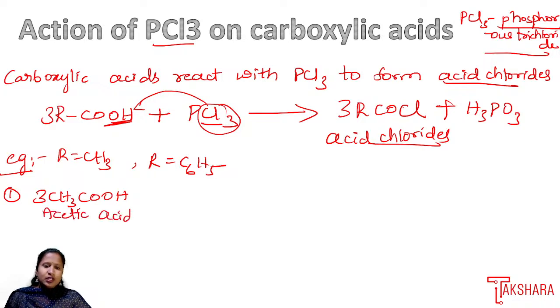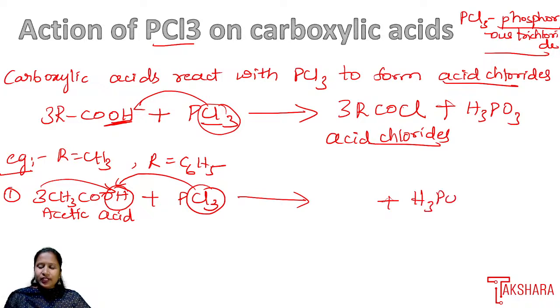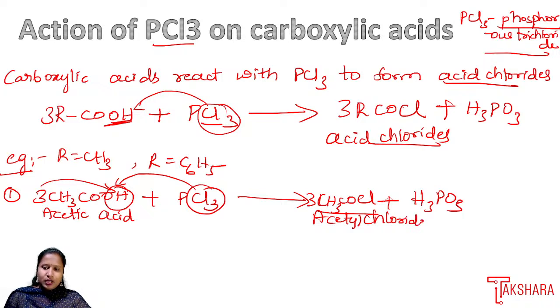When it is treated with PCl3, the 3 moles of Cl are going to replace 3 moles of OH. We form the byproduct H3PO3, phosphorous acid, as a byproduct. Then 3 moles of CH3COCl, which we call acetyl chloride. Acetyl chloride we will get as a product.